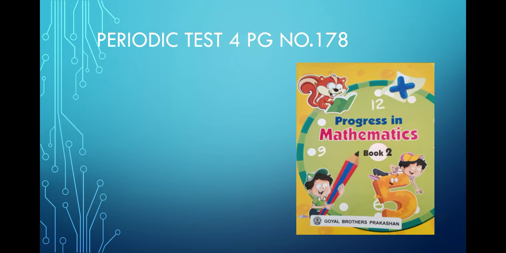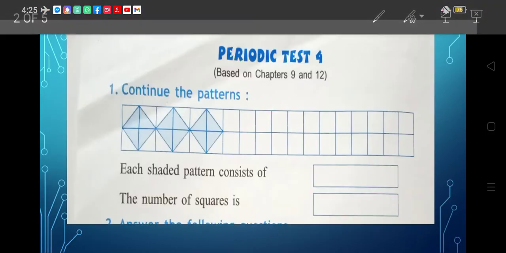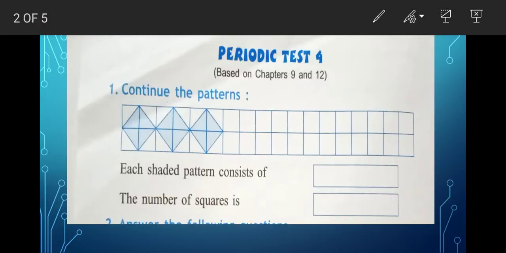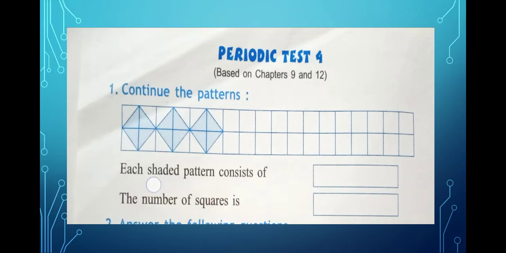Okay, let us go to the first question. Continue the pattern. This is from the chapter patterns. See children, one line is coming this way, and it is coming cross like this, and it is forming a square, isn't it?